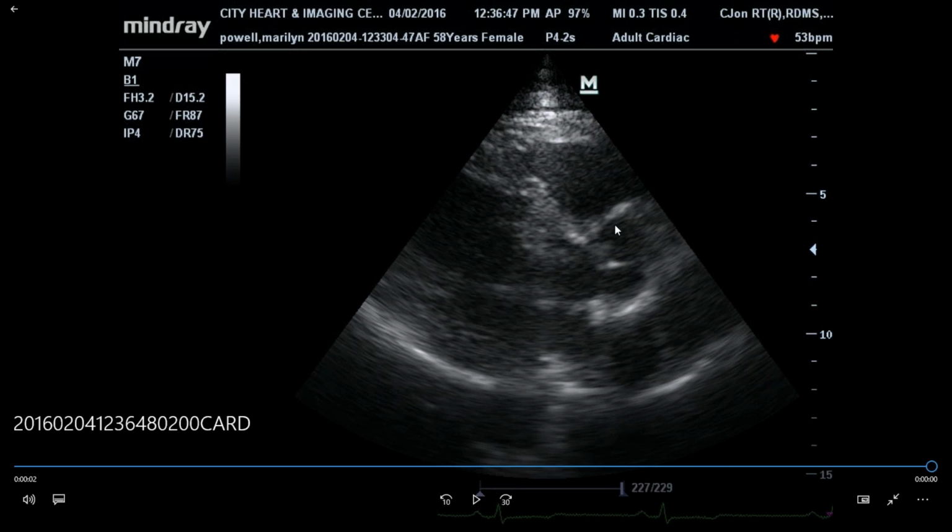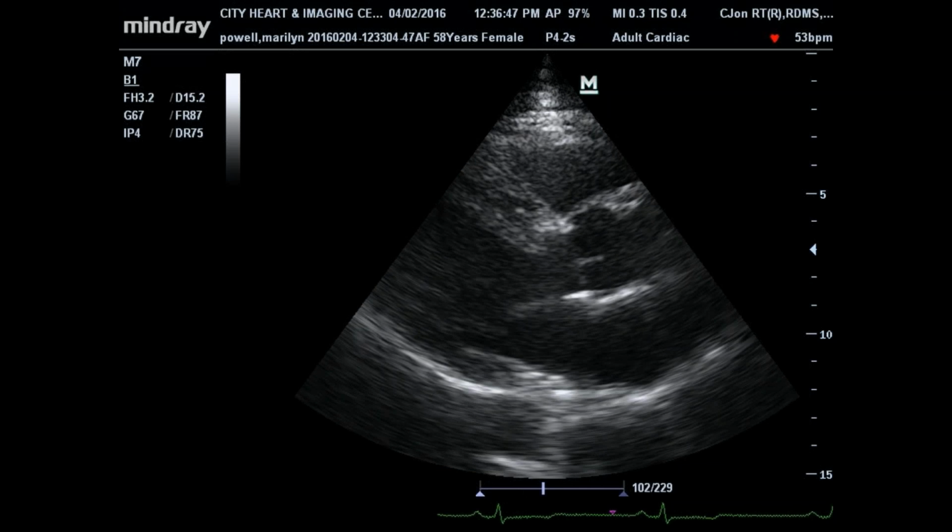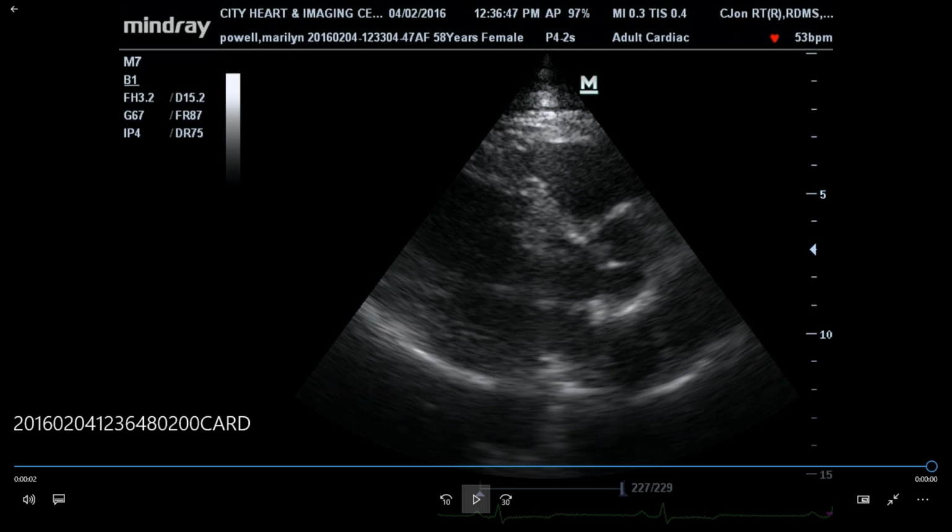For your measurements from sinus to sinus or at the sinotubular junction, it's very important to know how to do your measurements and where to do them, because you're going to be tested on that. So this is the parasternal long axis.